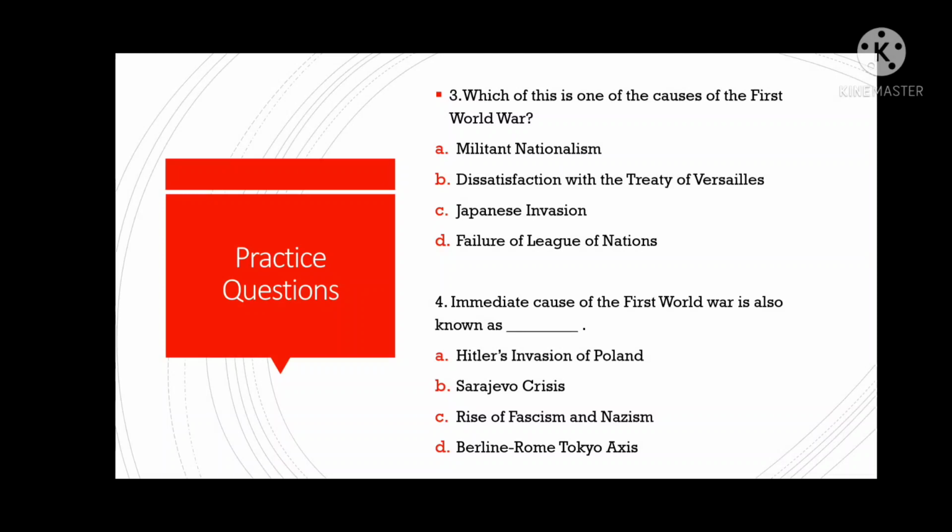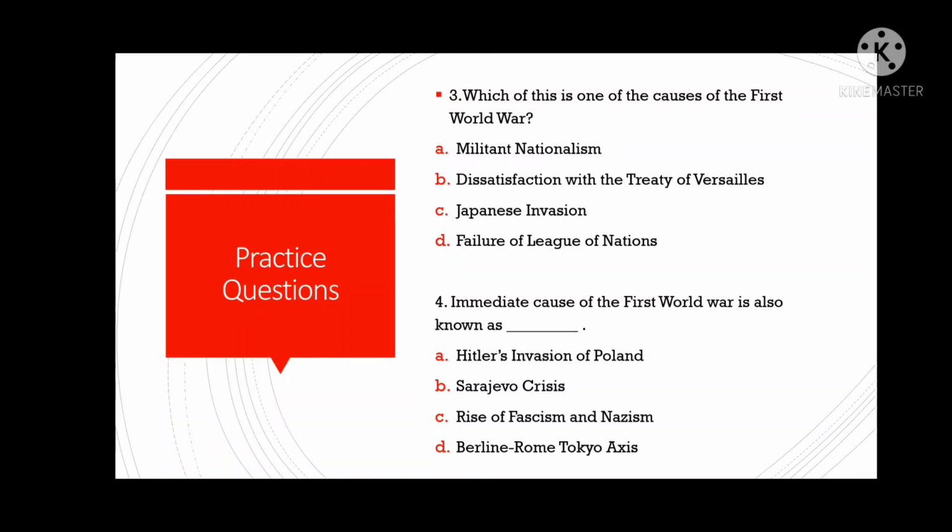Nationalism and imperialism, also known as aggressive nationalism or militant nationalism. Second one, division of Europe into two hostile groups. And the third one, again, Sarajevo crisis. In this, which one do we have? Militant nationalism is the right answer.